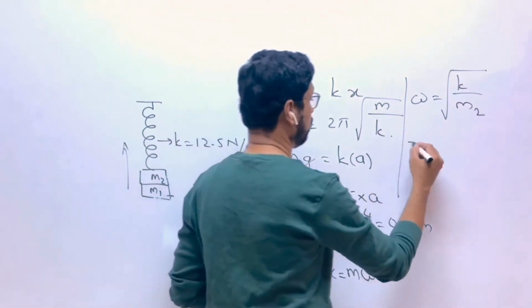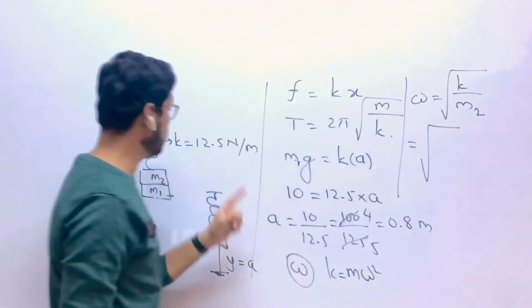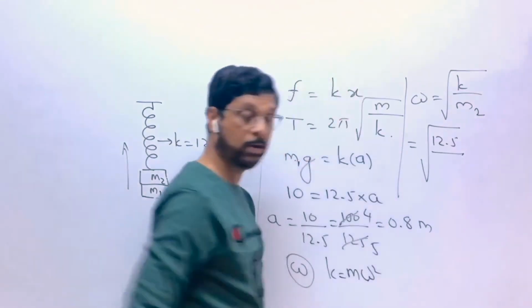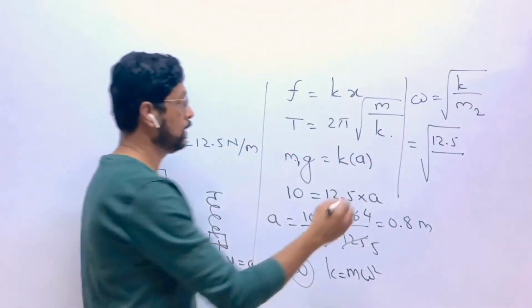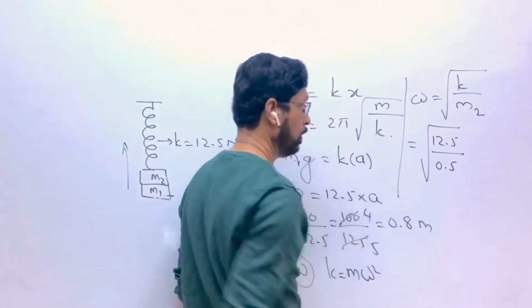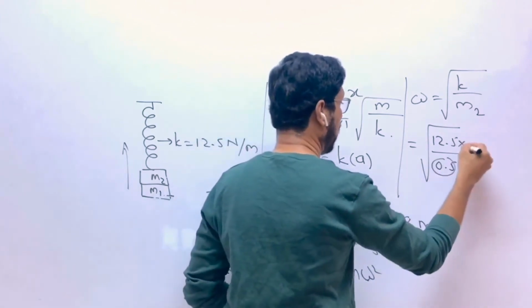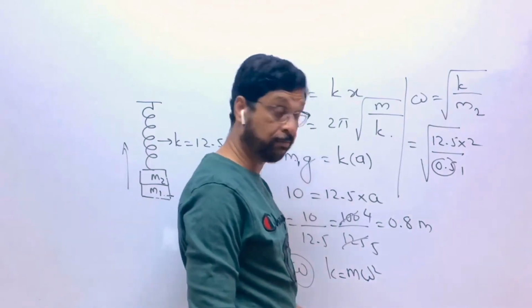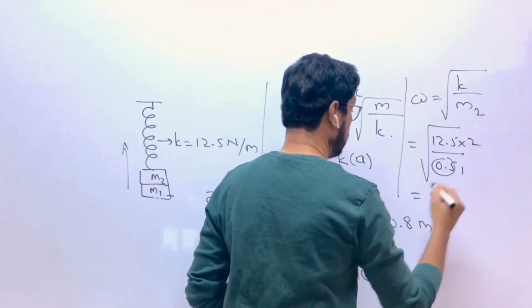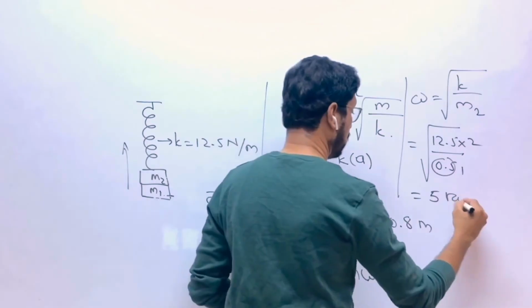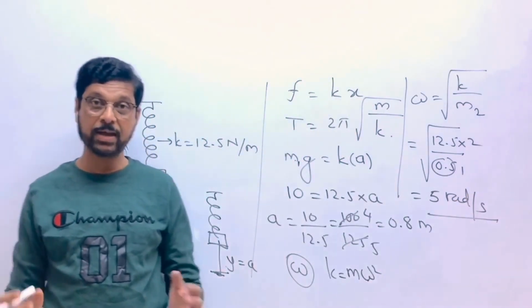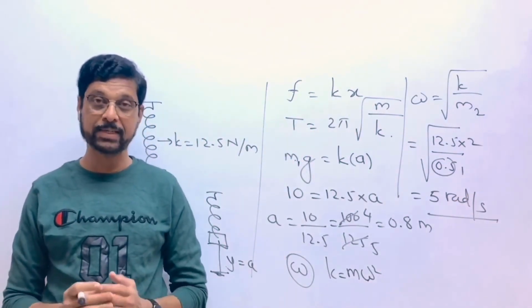So omega is equal to under root K, which is 12.5, upon how much is M2? It is 0.5. 0.5 means 1 by 2. So 12.5 into 2, that is 25, and root 25 is 5. 5 what? Radian per second. That is the angular frequency of SHM.